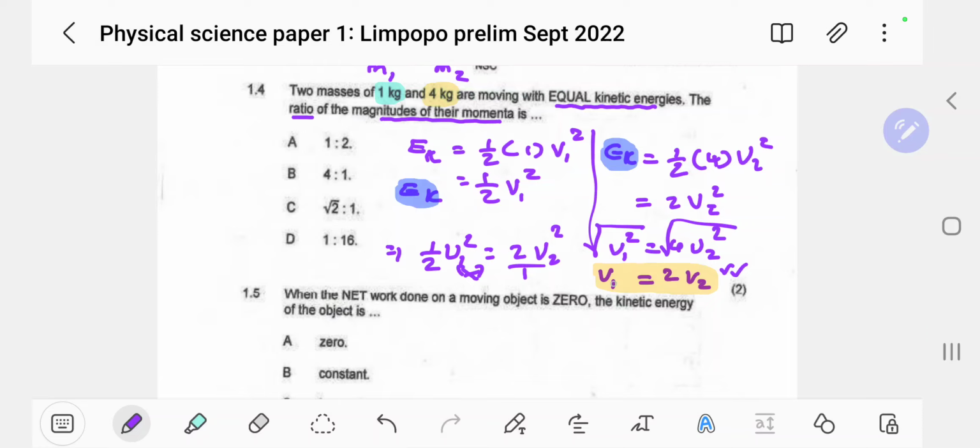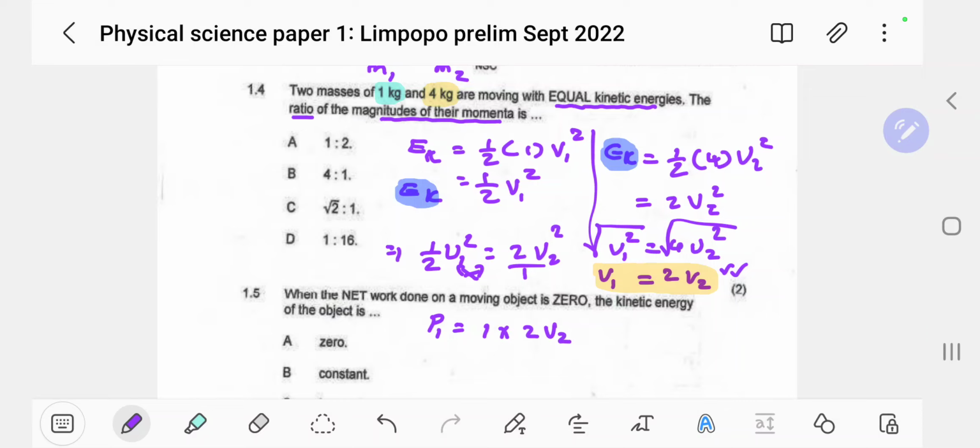So what does that tell us? We can now say the momentum of the 1 kilogram object is going to be its mass, which is 1, multiplied by its velocity. Remember, V1 was the velocity for that object, so it's going to be 2V2, because from this equation we can tell that velocity is going to be double.